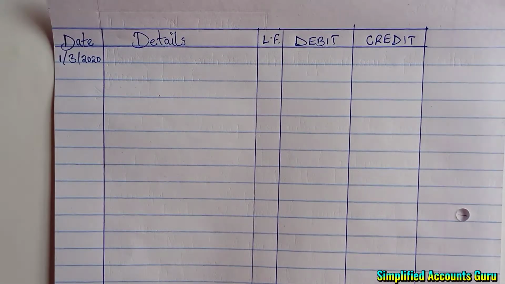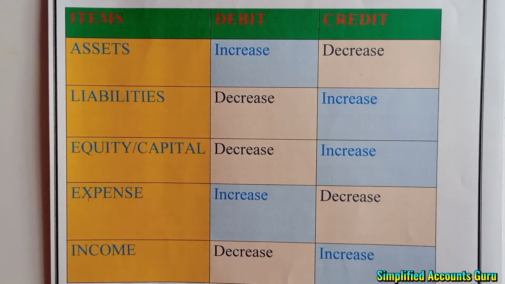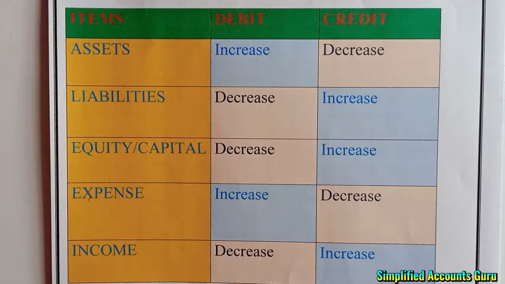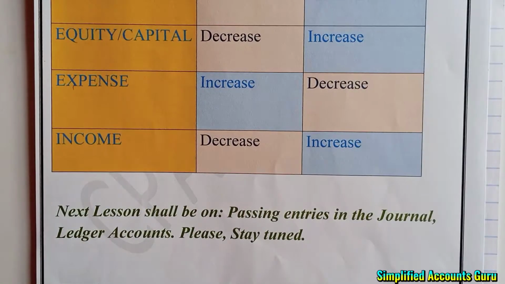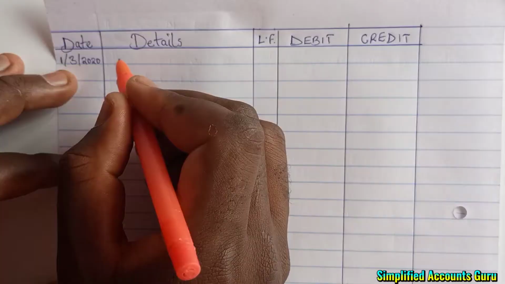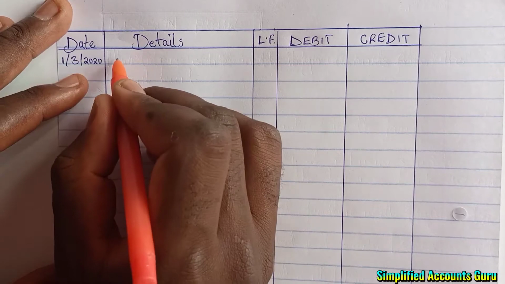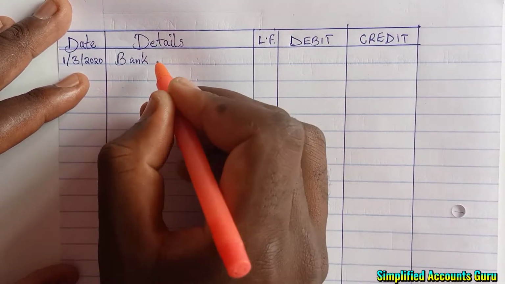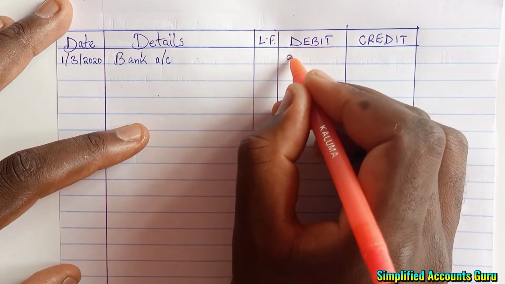Remember what we said in the rule that we are having in this table: when assets increase, we debit. When capital increases, we credit. So we are going to debit the asset and credit capital. Let us start with the one that we are debiting. So we'll just write here bank account. Then here we'll write $90,000.